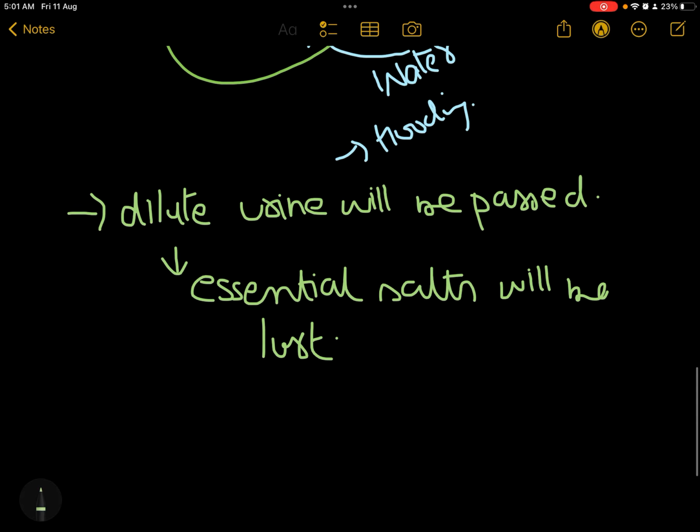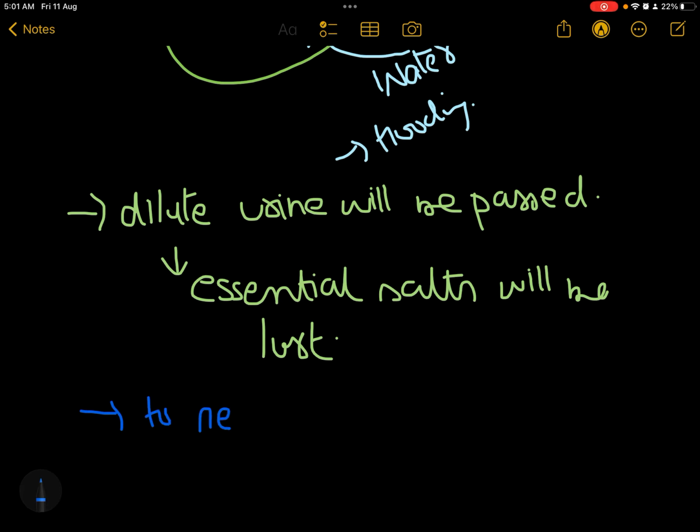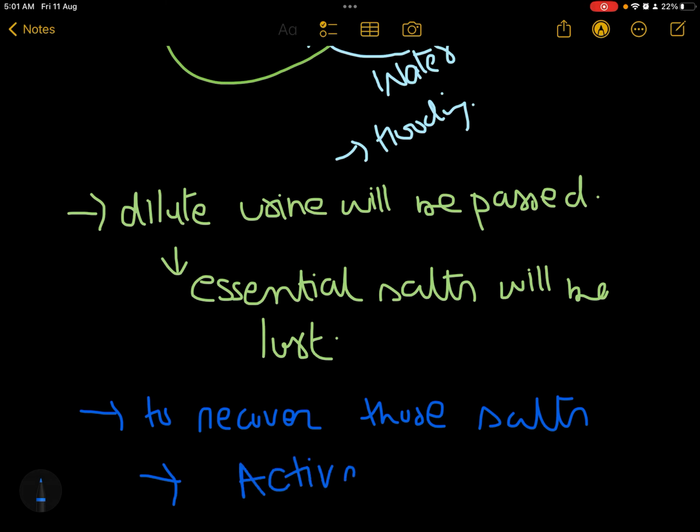So in order to recover those lost salts, active transport will take place.